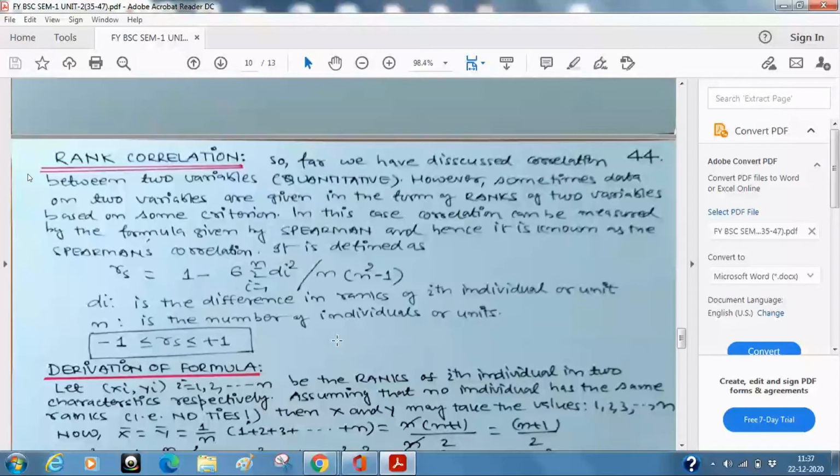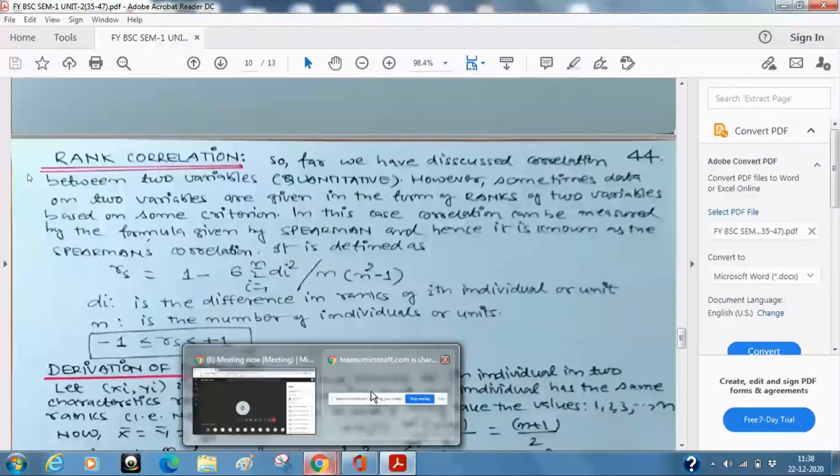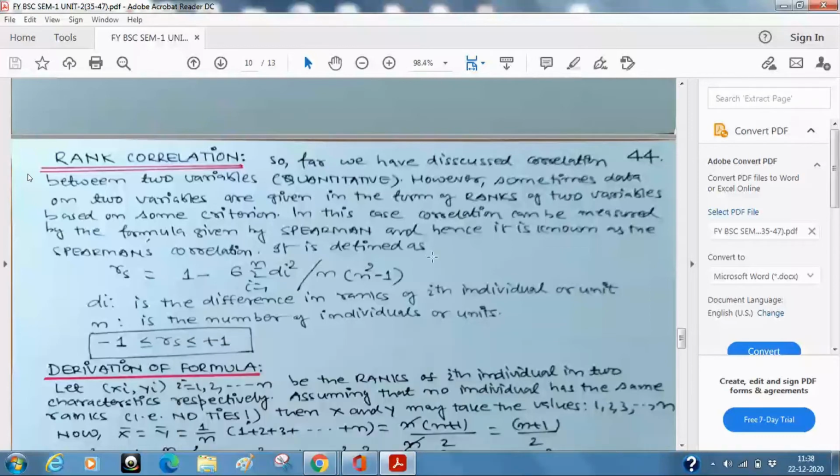They are more or less fixed. Why? Because these are the ranks and we are giving the rank from 1 to n. So if I write x in one column and y in another, x takes values from 1 to n, y also takes values from 1 to n. Then x and y may take the values 1, 2, 3 and so on up to n.